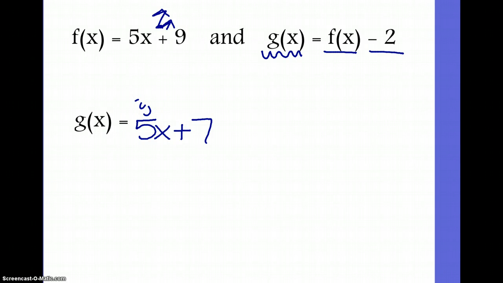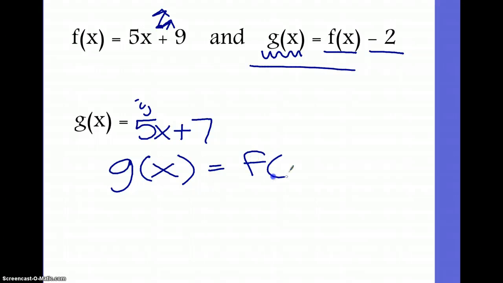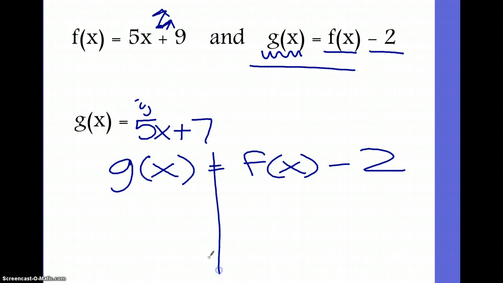I'm going to write down what this problem says. g of x equals f of x take away 2. So what we're given is f.